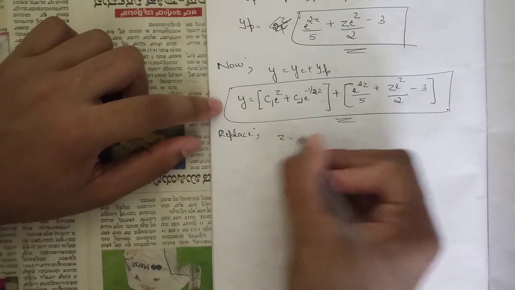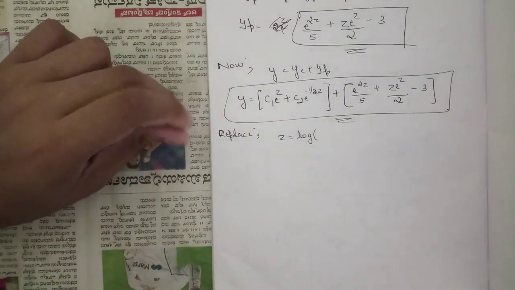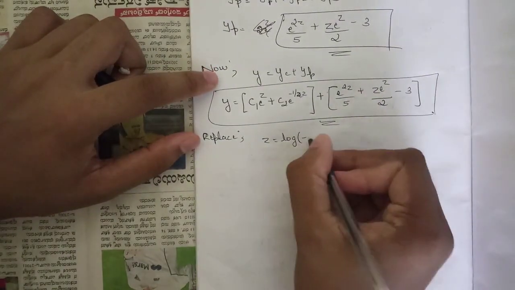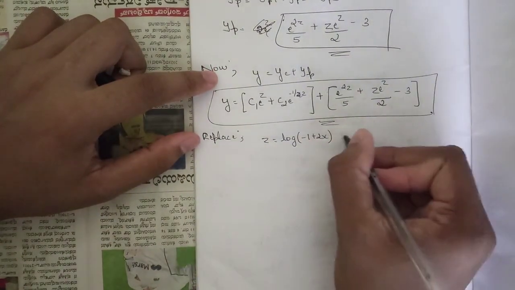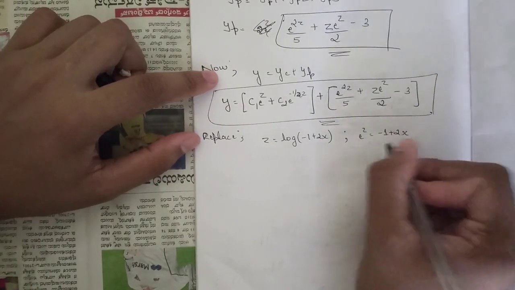So we need to replace z by log of minus 1 plus 2x, and also e power z by minus 1 plus 2x.